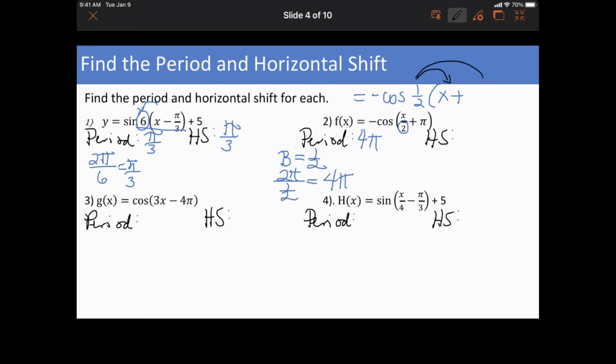So whatever I multiply, half times something here, the end result has to be pi. So what I do is the reciprocal. What is the reciprocal of half? It's 2. And what I have here is pi, so it's going to be 2 pi.